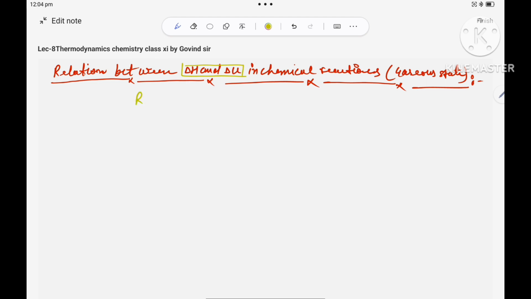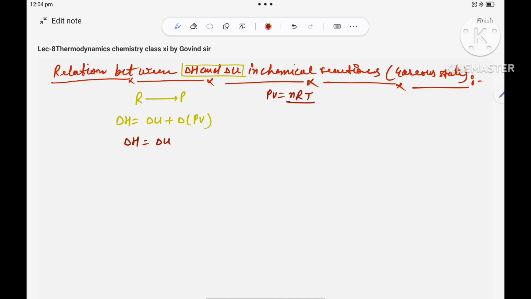So any reaction, reactant to product. So for this, delta H is equal to what? Delta U plus delta PV. PV is equal to what, children? nRT.